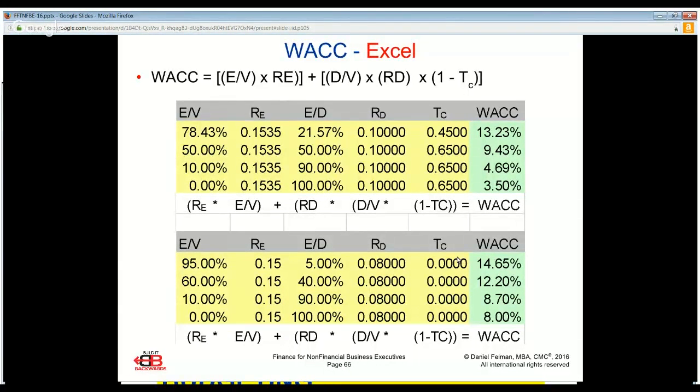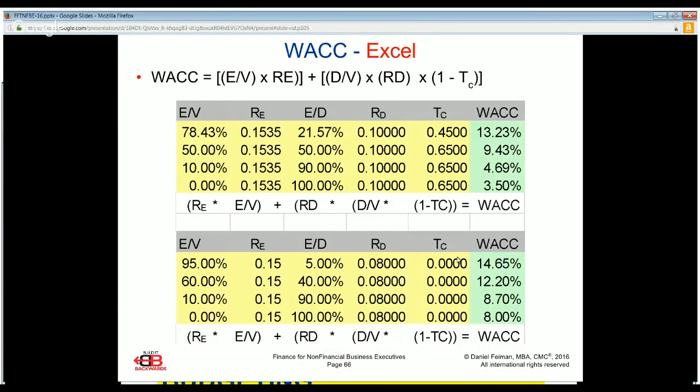So 75%, 78.43 to be precise, of our capital costs us 15.35. 21.57% costs us 5.5. You multiply those together, and the weighted average cost of capital under this amount of leverage is 13.23%.